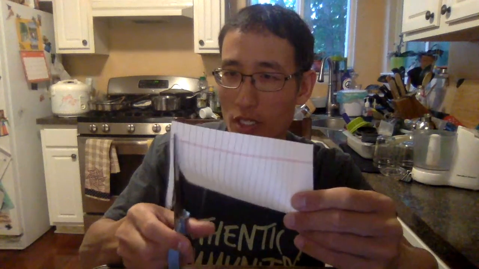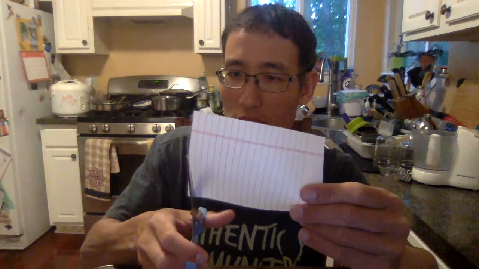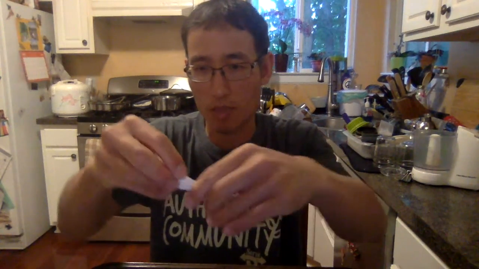I don't have a paper cutter at home, but you want to make them the same size confetti. Then you have these strips here. Take little strips of paper, and we're going to cut them like this.